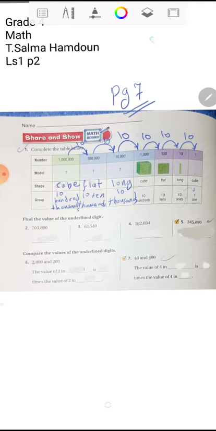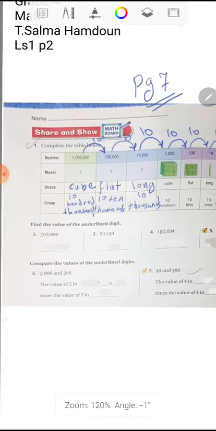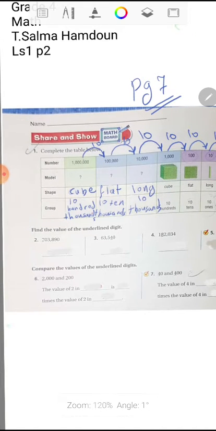Find the value of the underlined digit. Okay, now I will find the value according to its place or its position. So look, the first number here, this 7, in which digit is it? 7 is in the 100,000 digit. So to find the value of this number, I have to multiply it.